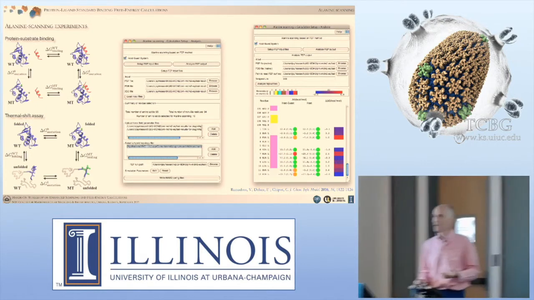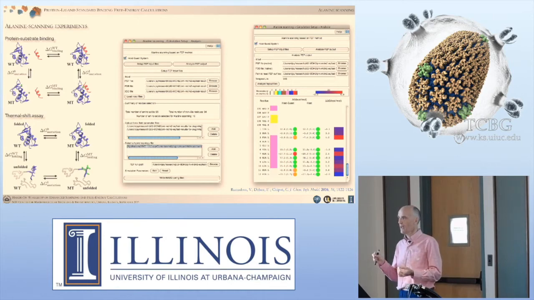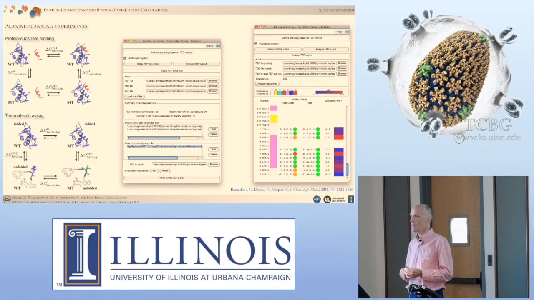So basically, by changing one amino acid into an alanine, it may destabilize the whole of your protein. And if you do the experiment, this thermal shift assay, you will see a shift in the peak corresponding to the protein tending to fray, to denature.